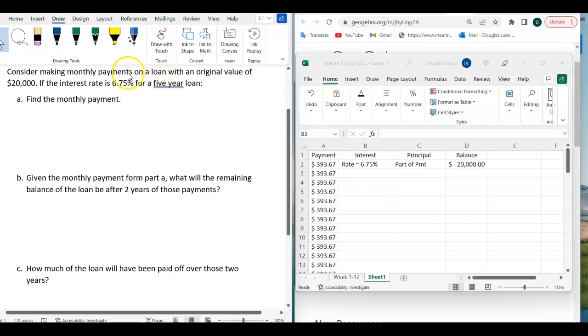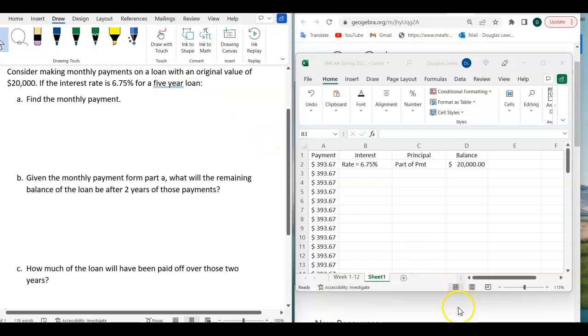So it says, consider making monthly payments on a loan with an original value of $20,000. If the interest rate is 6.75% for a 5-year loan, find the monthly payment. On a 5-year loan, that's 12 times a year times 5, which is 60 months of payments.